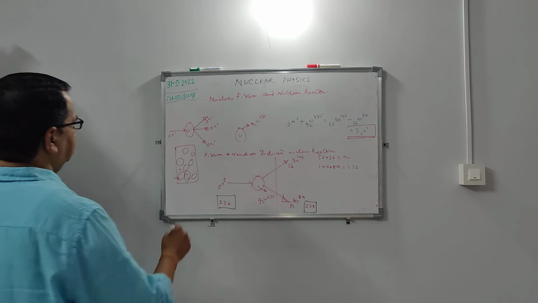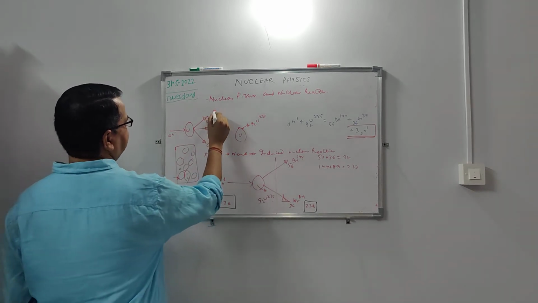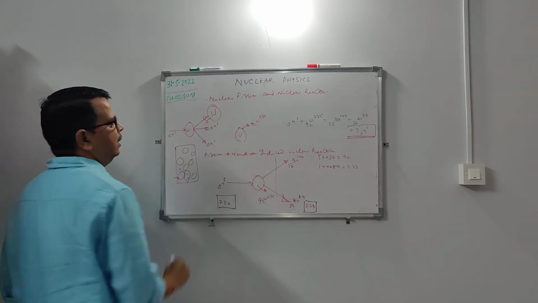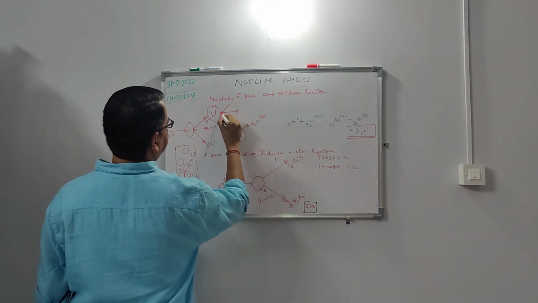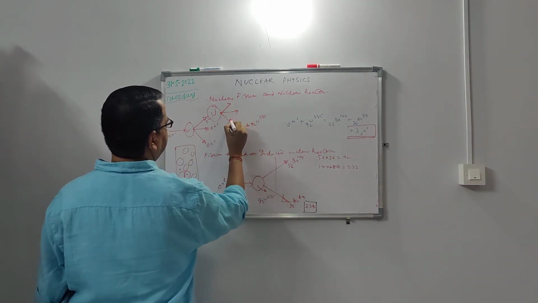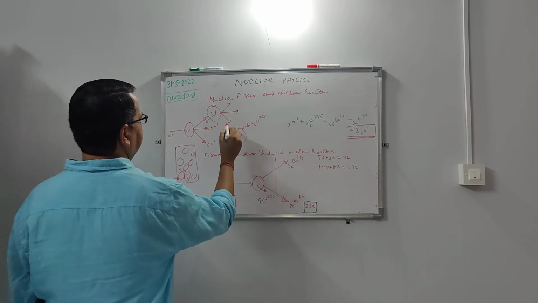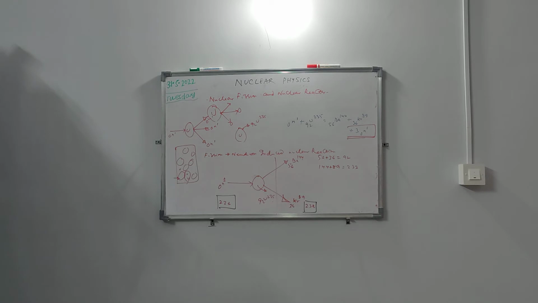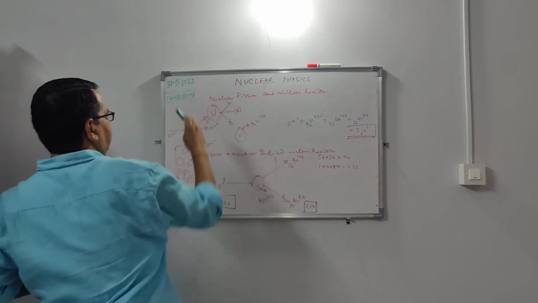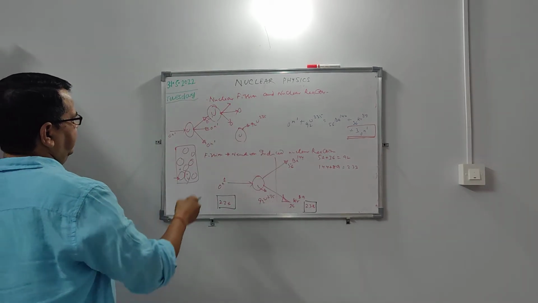So this will again hit another uranium. Then it will again produce another three neutrons. Then again you try to neutralize. Neutralize in the sense you try to reduce their velocity.